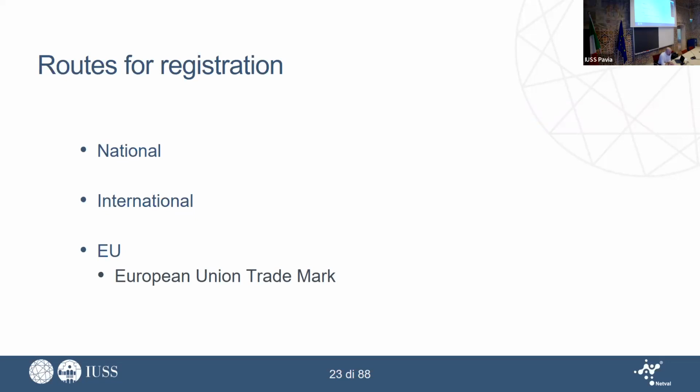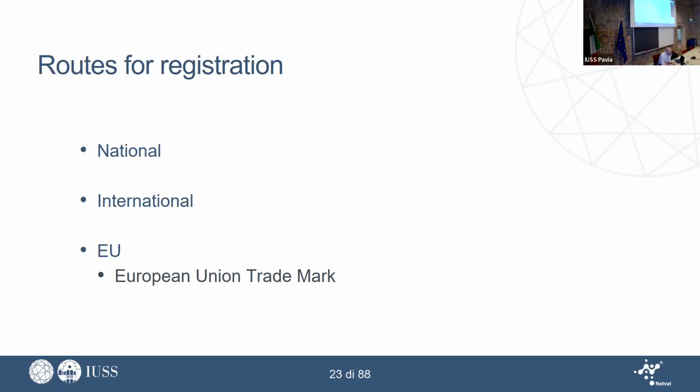How can you register a trademark? You can apply for a national trademark, for an international trademark, of course, or for a European Union trademark. A national trademark is possible in every nation, I think, but the trademark is valid only in the territory where the application is filed.